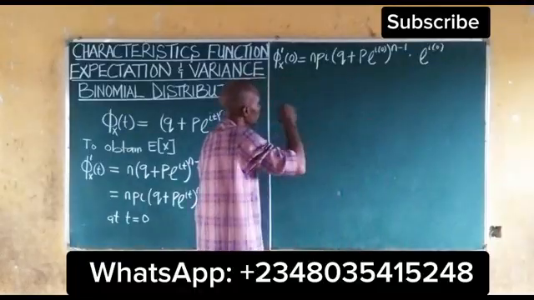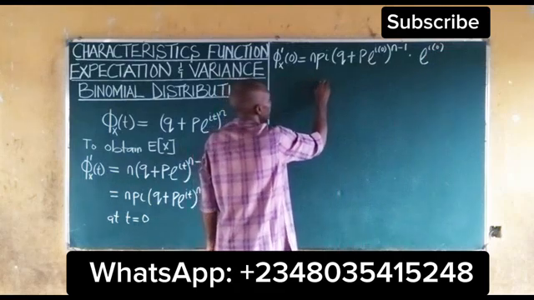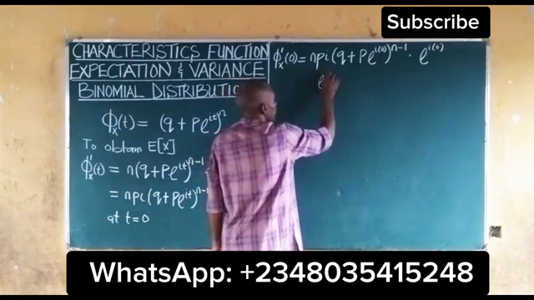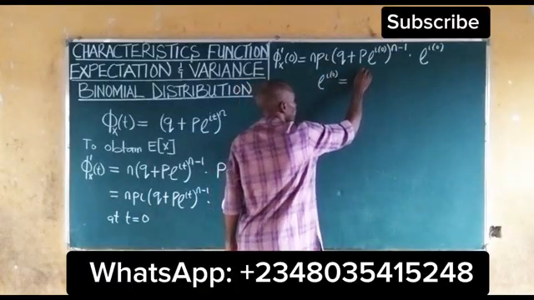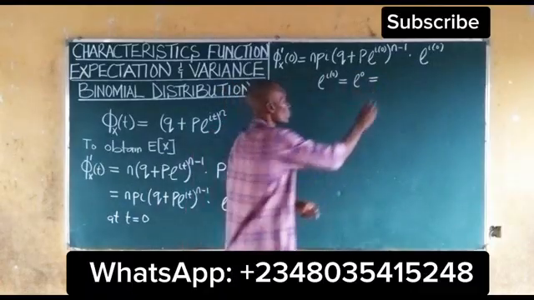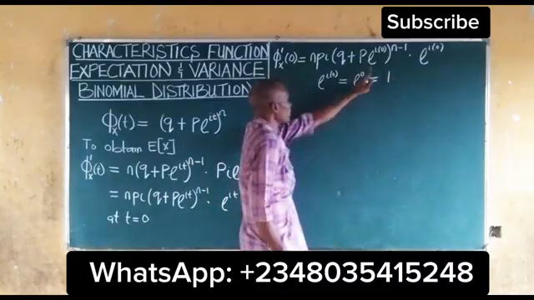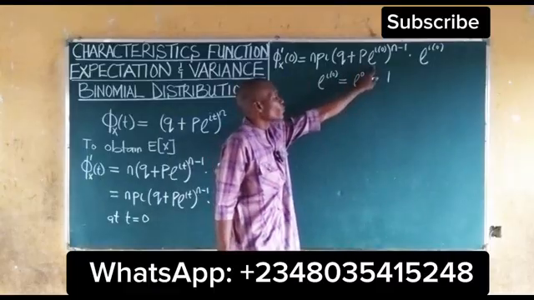We should also note that from indices, e^{i0} is the same thing as e^0, and anything raised to the power of 0 is 1. So anywhere we see e^{i0}, we put 1.